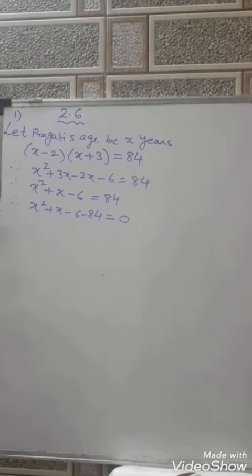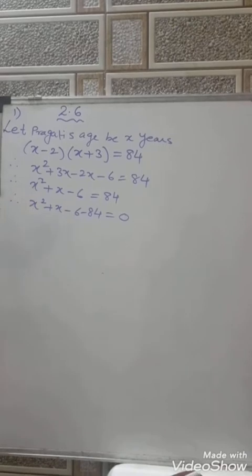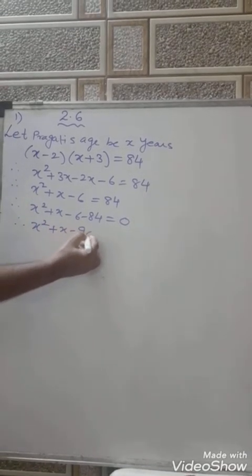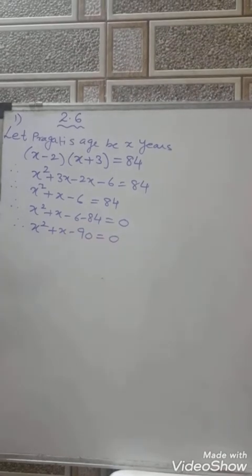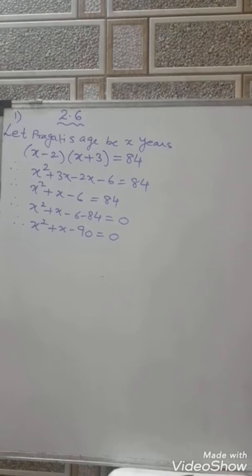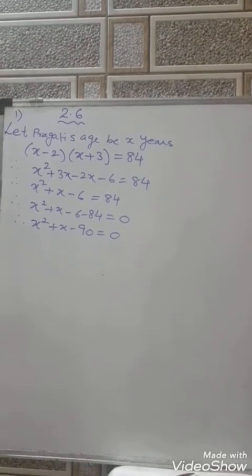Now we add 84 and 6, so we get minus 90. Now we need two numbers whose product is 90 and difference is 1.